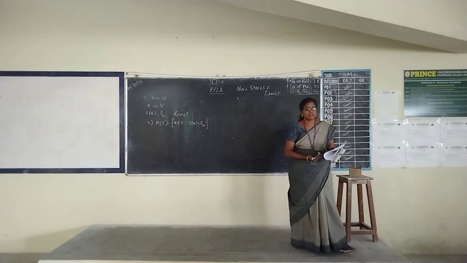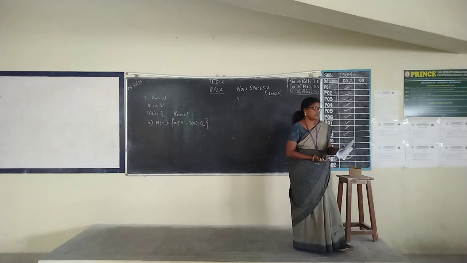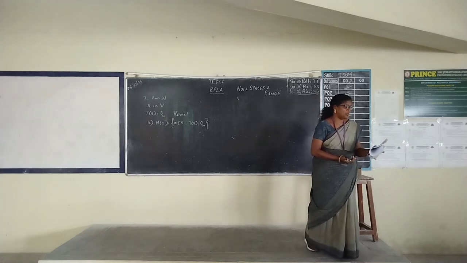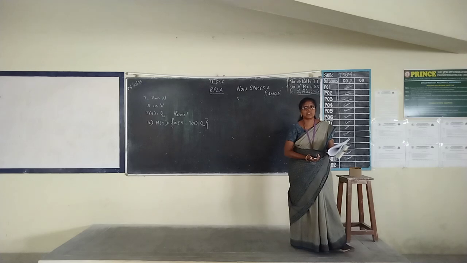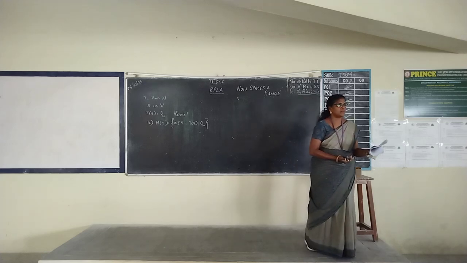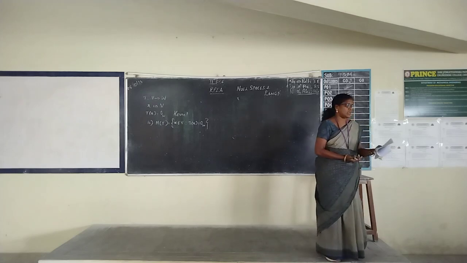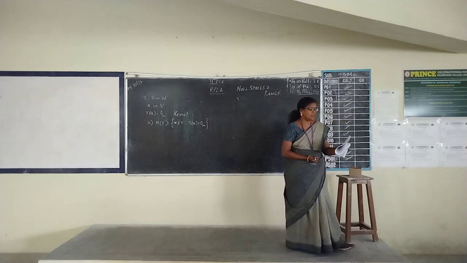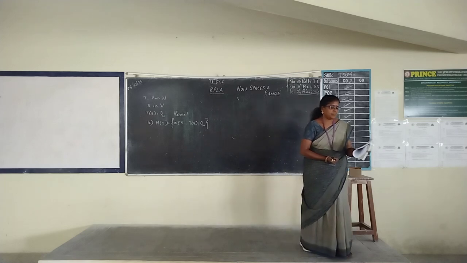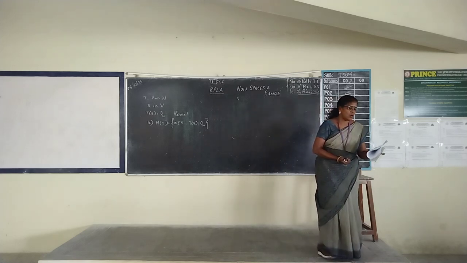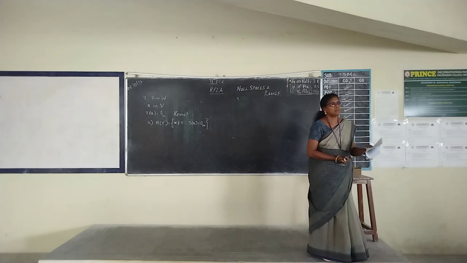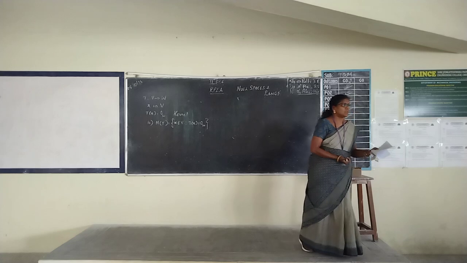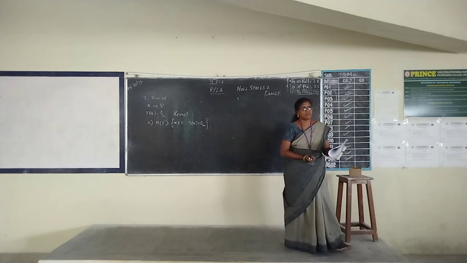Then the subset of W consisting of all images under T of vectors in V is called the range or image of T.